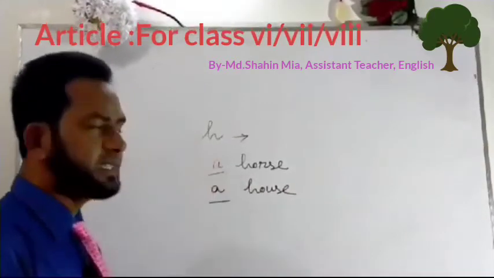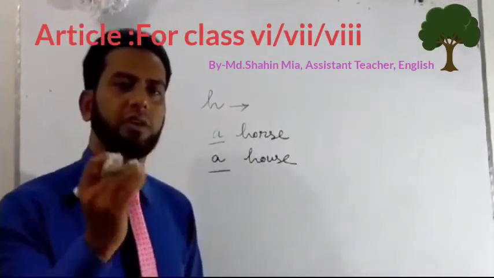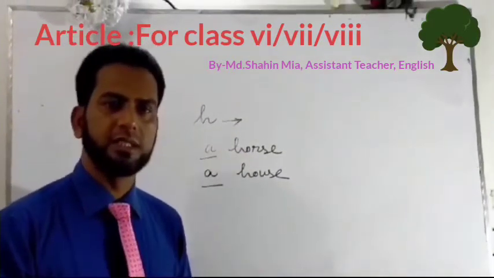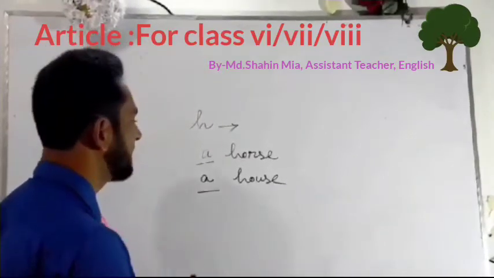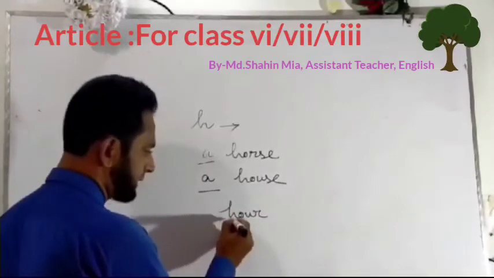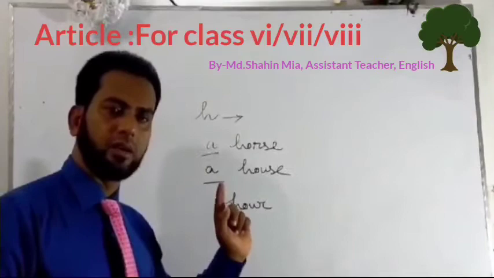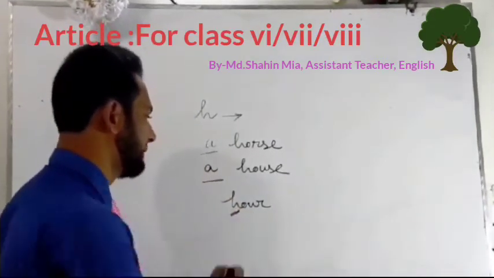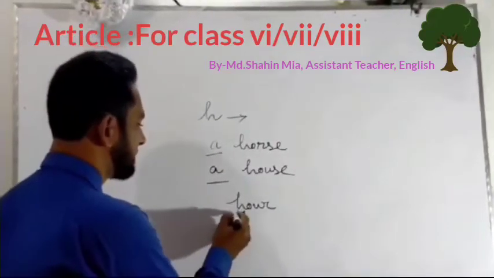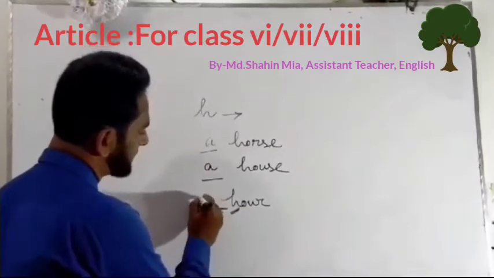But sometimes H is pronounced as vowel sound, and then we must use article an. Example: hour. Here H is pronounced as vowel A or O. H is not pronounced as H. So before the word we must use article an.